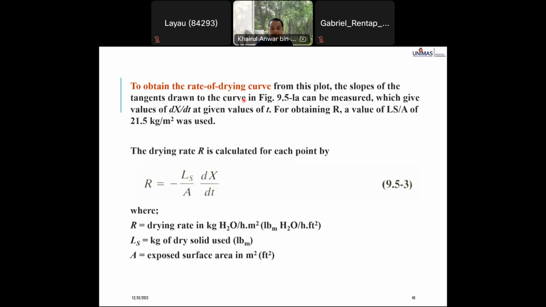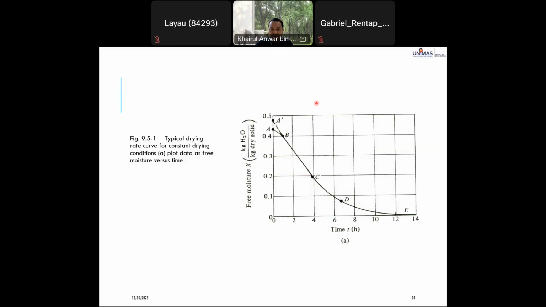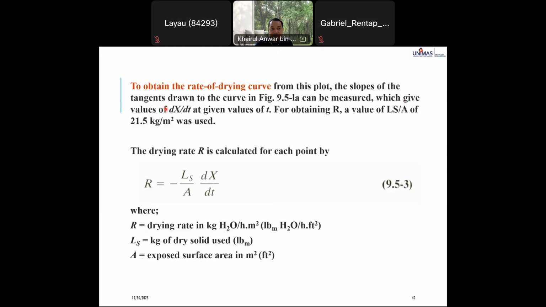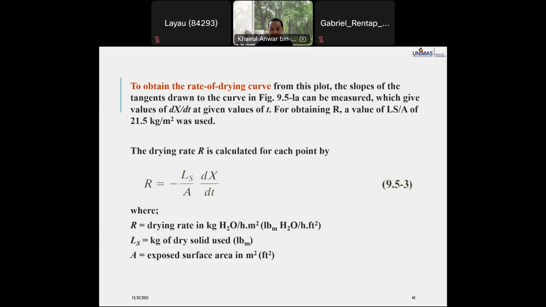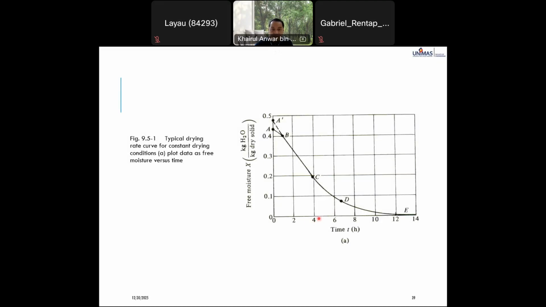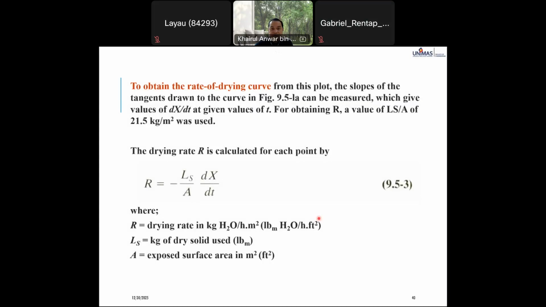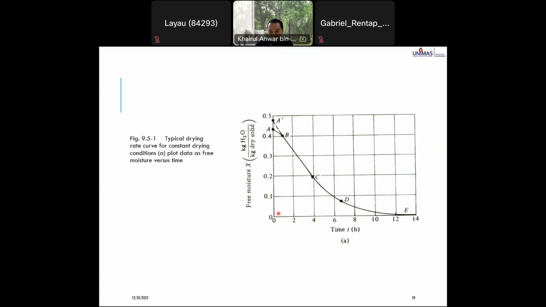To obtain the rate of drying curve from this plot, the slope of the tangent drawn to the curve in figure 9.5-1a can be measured, which gives the value dX over dt at a given value of t. So what does it mean for obtaining R? At a certain time, if you want to know the value of dX over dt, or the slope, you just draw the tangent.